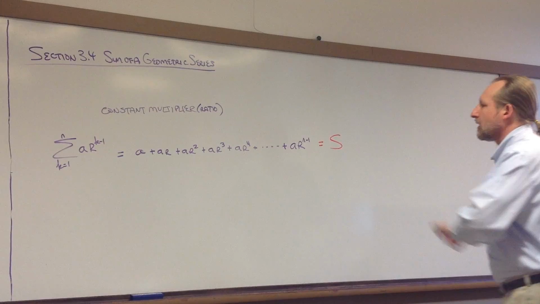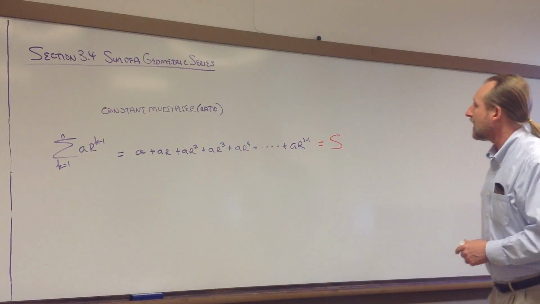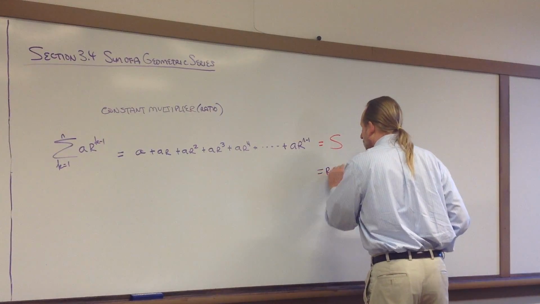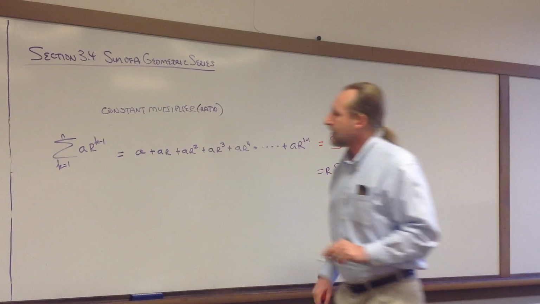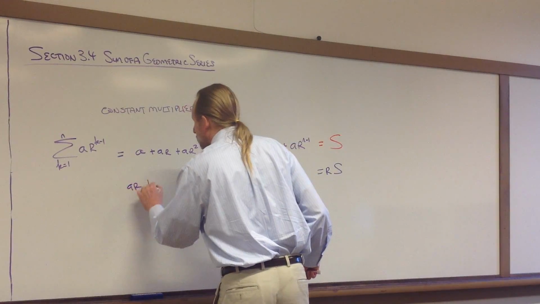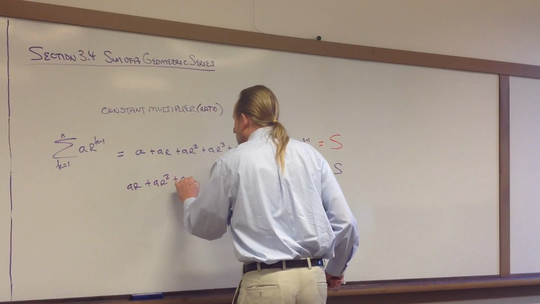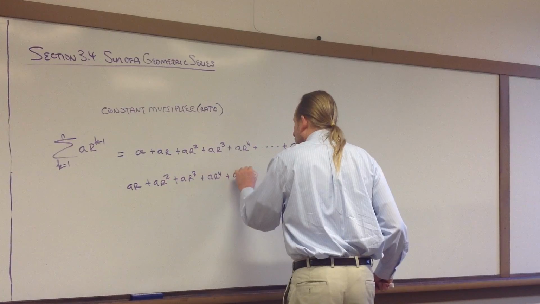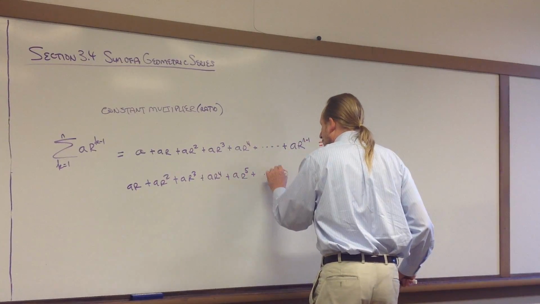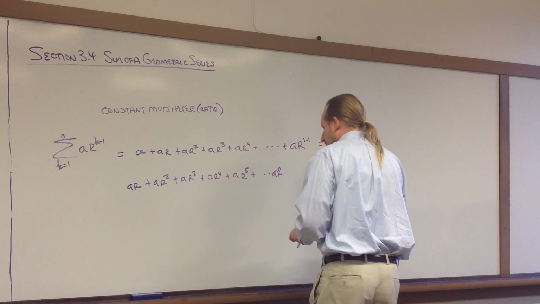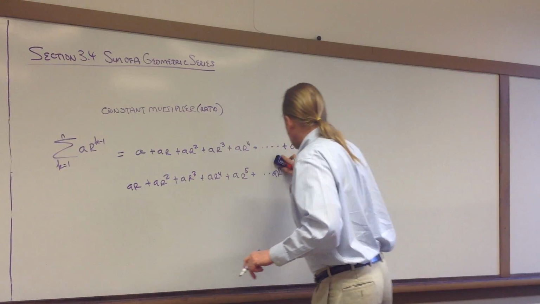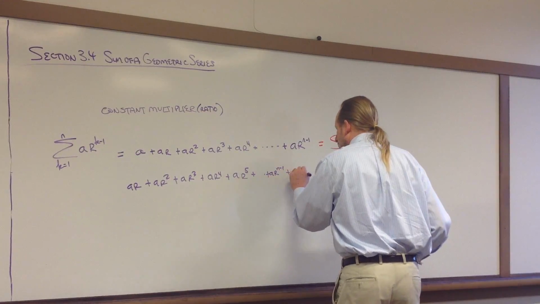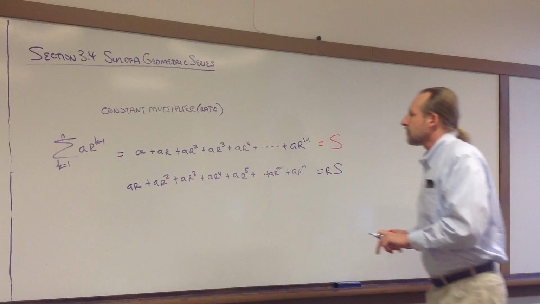I'm going to multiply this on both sides by r. Over on this side, we'll get r times s. Over here, we'll get a times r, ar squared, ar cubed, ar to the 4th, ar to the 5th, and then dot, dot, dot. I'll put the ar to the n minus 1 in there, but then the last term is going to be ar to the n.